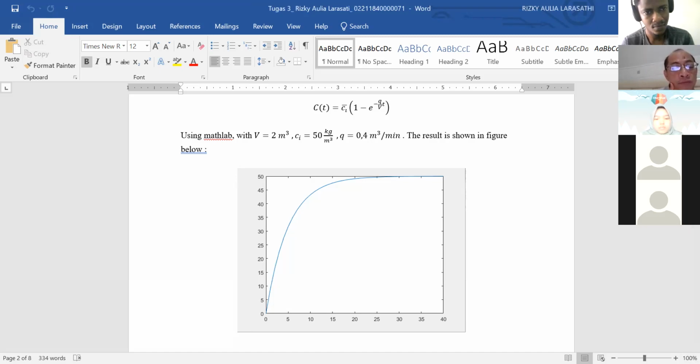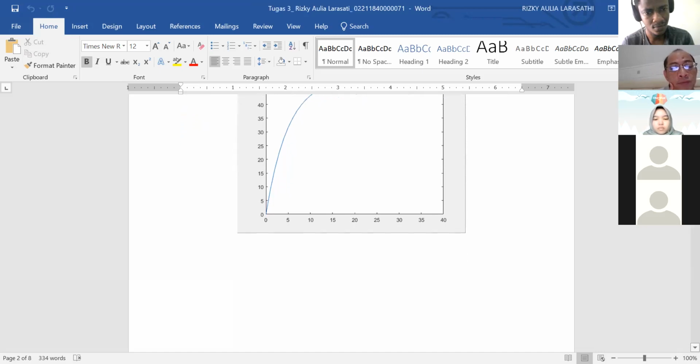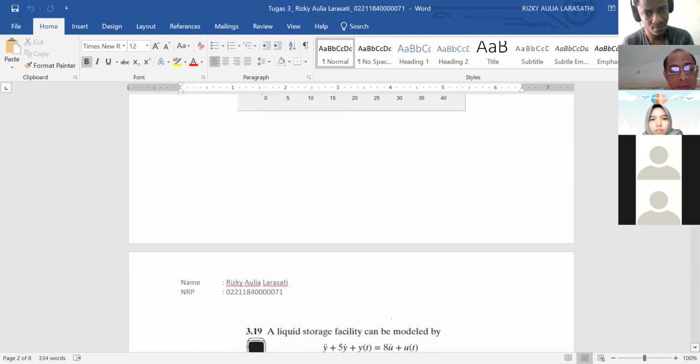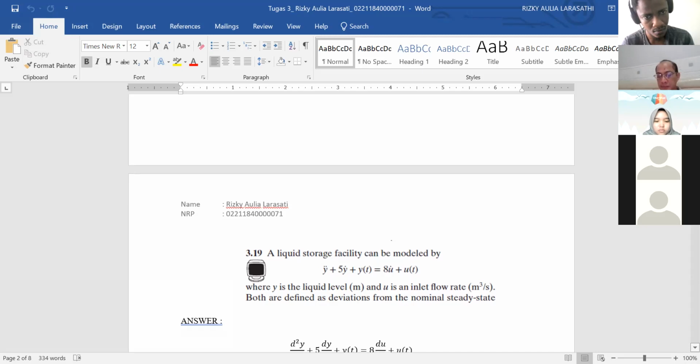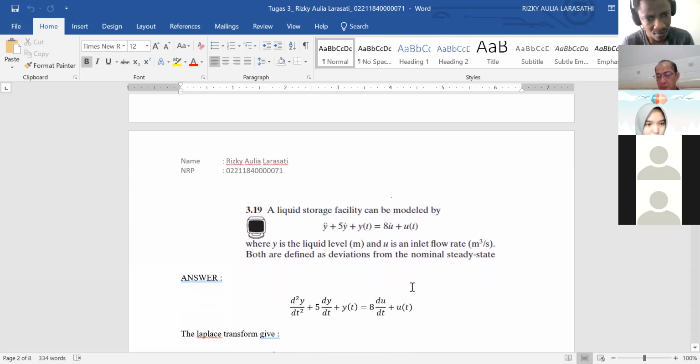So this is the question 3.19, where a liquid storage facility can be modeled by this equation, where y is the liquid level and u is an inlet flow rate. Both are defined as deviations from the nominal steady state. So we can change this equation to be like this equation.